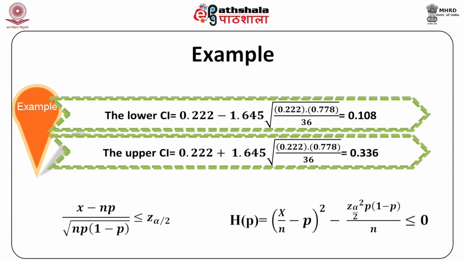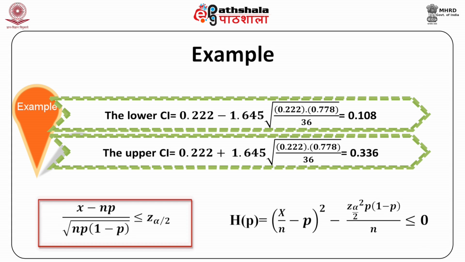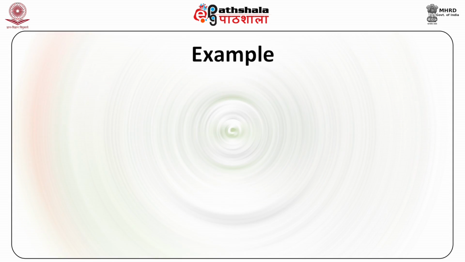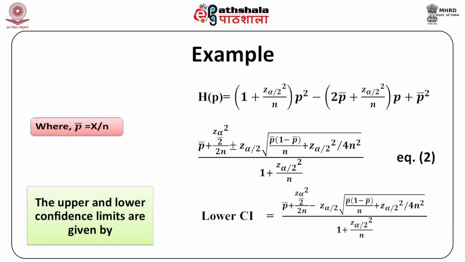which is equal to 0.336. By solving the following, we get (x minus np) divided by the square root of np times (1 minus p), which should be less than or equal to Z alpha by 2, which is equivalent to the following: H(p) is equal to (x by n minus p) whole squared minus Z alpha by 2 whole squared times p(1 minus p) all over n, which is less than or equal to 0.